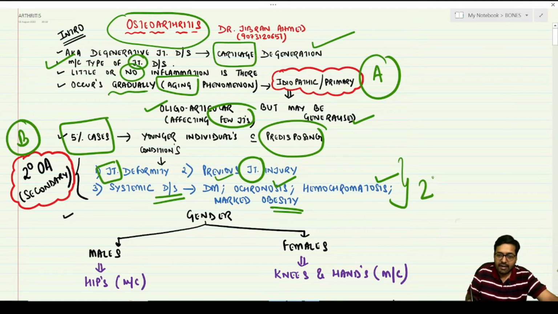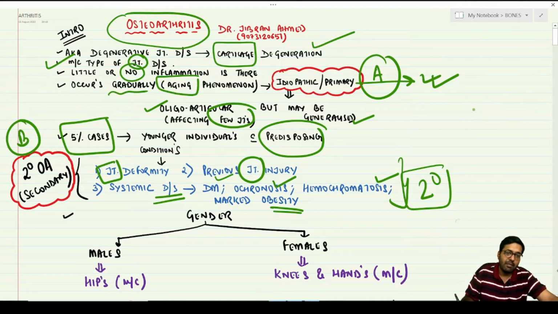When some secondary cause is present, we call it the secondary variety of osteoarthritis, which forms a minority group. The majority group is idiopathic or primary, occurring gradually in older individuals. It is an aging phenomenon, usually localized and oligoarticular, but sometimes generalized.